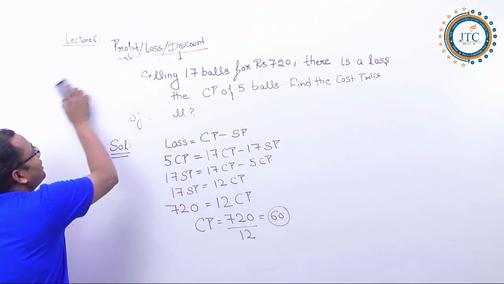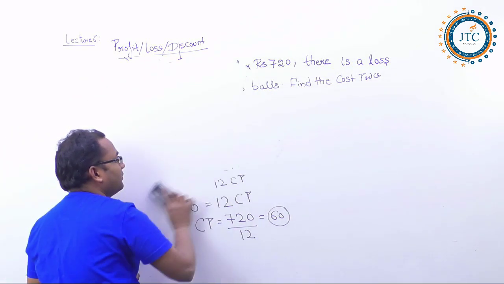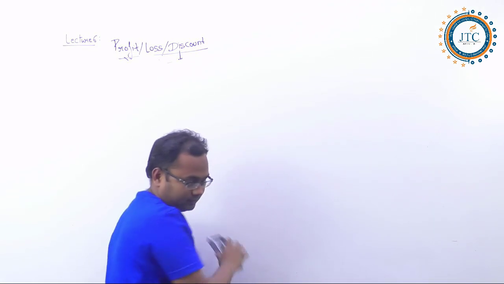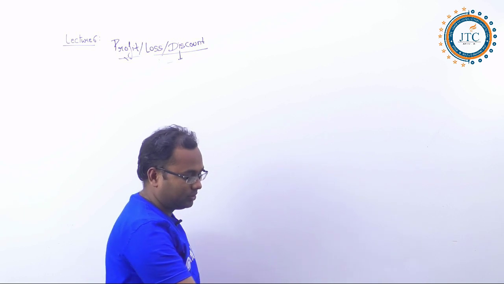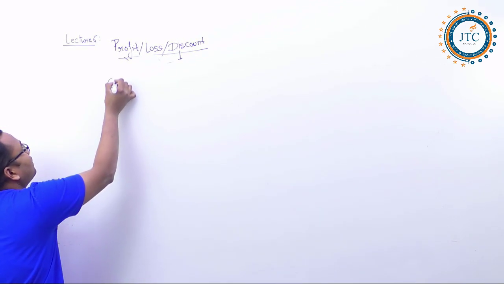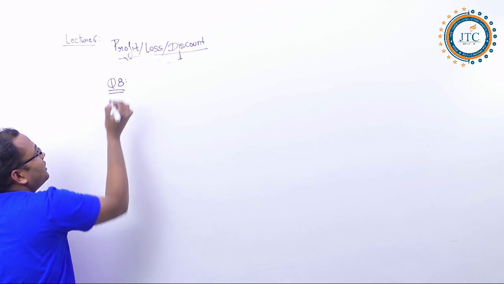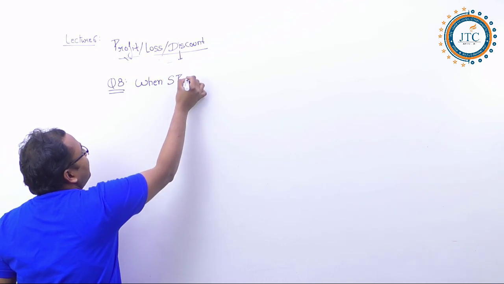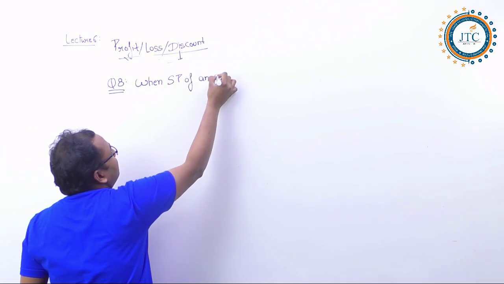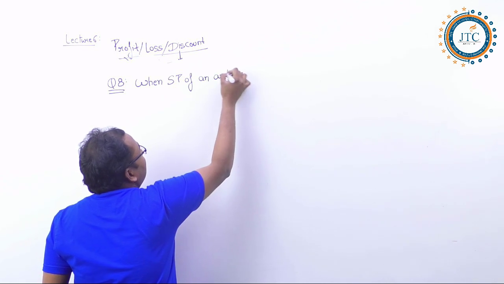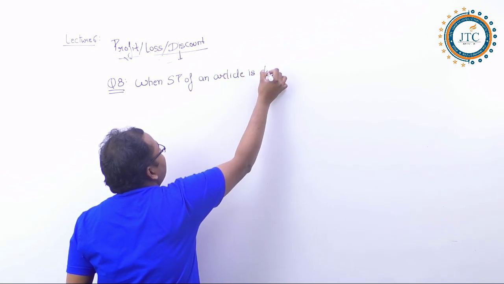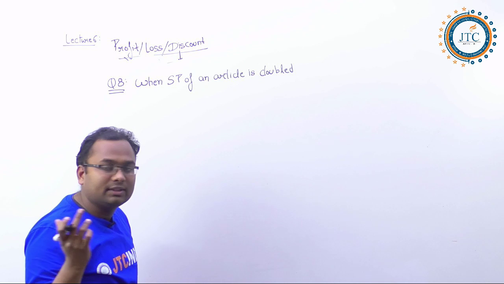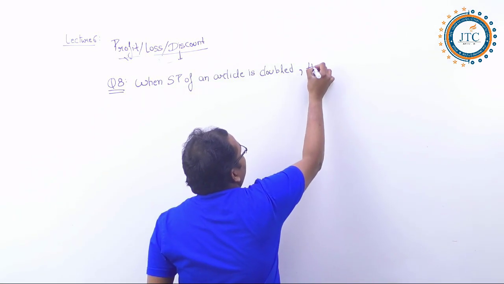So question number 8. Basically the question says that, this is an important question, when the selling price of an article is doubled, then the profit triples.